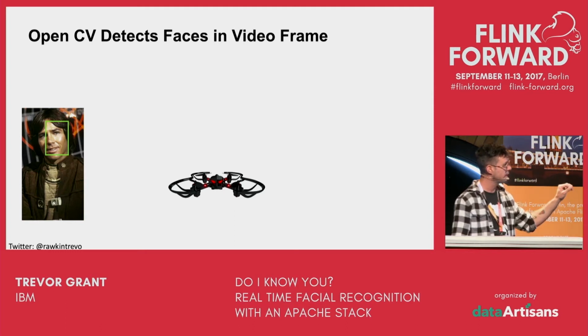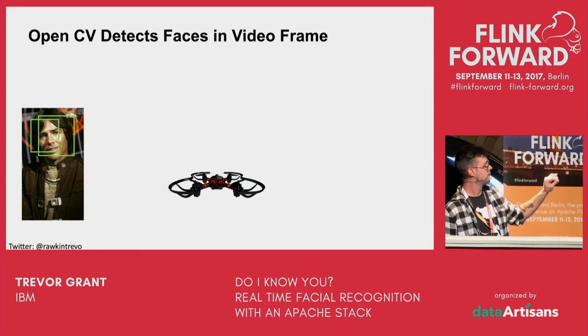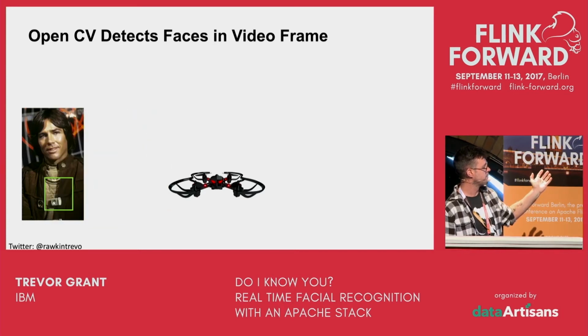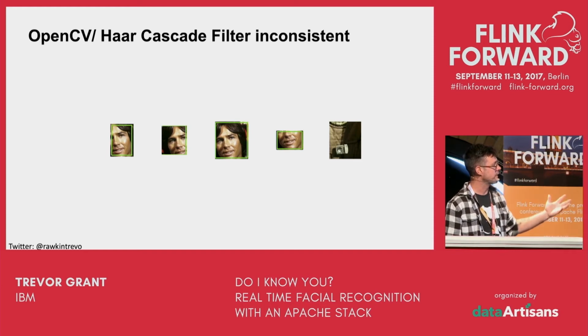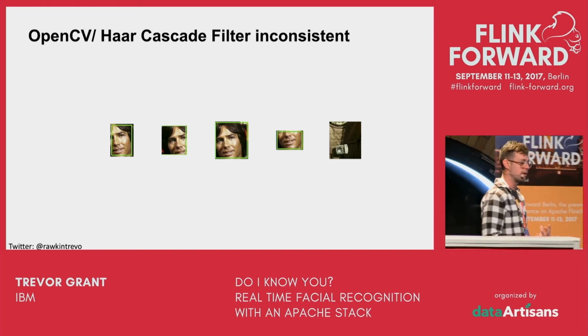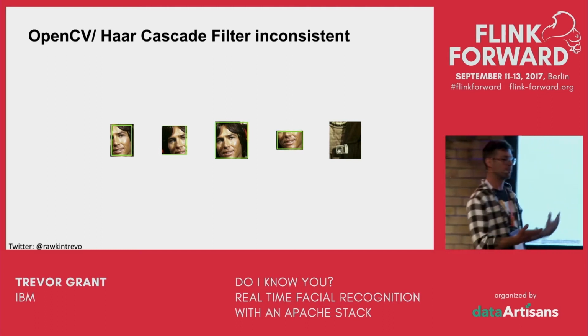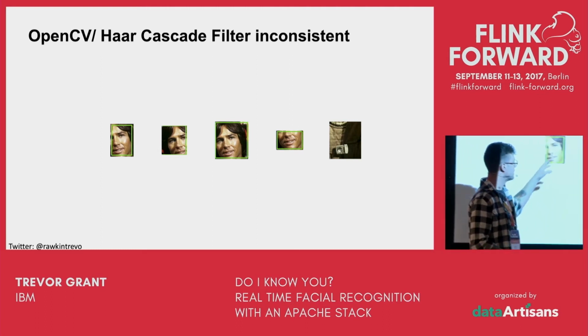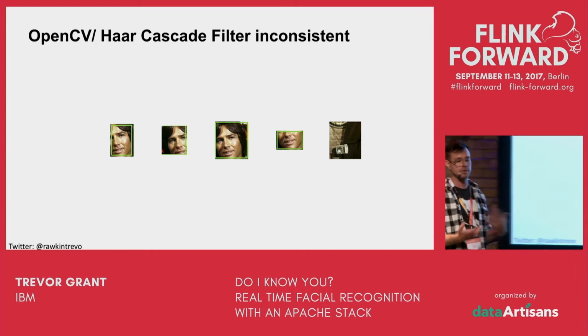But to illustrate what I meant with faces, in every video frame, it's picking up a different section of the face. So you've got this inconsistency. And when you break that down into eigenfaces, the computer, which is stupid, thinks that these are all different people, even though it's the same thing.